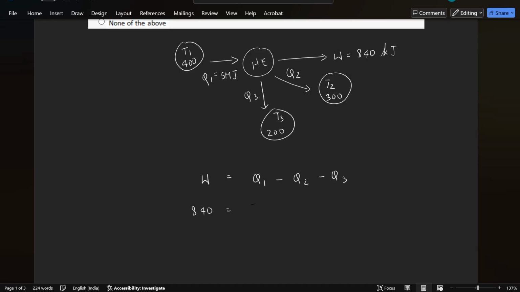And Q1 is 5 megajoules, so I'll keep it as 5000 kilojoules. So all of them are in kilojoules.